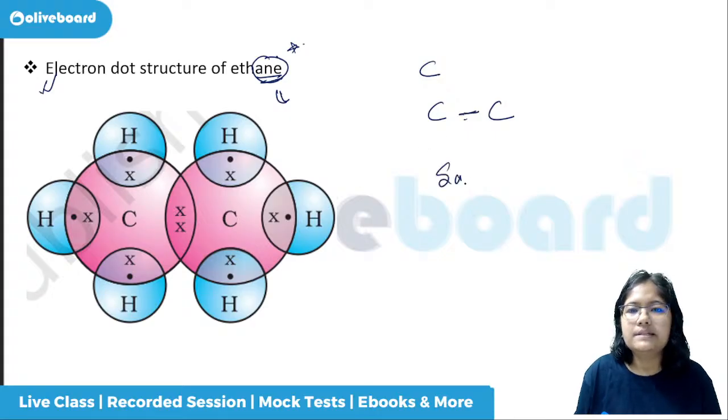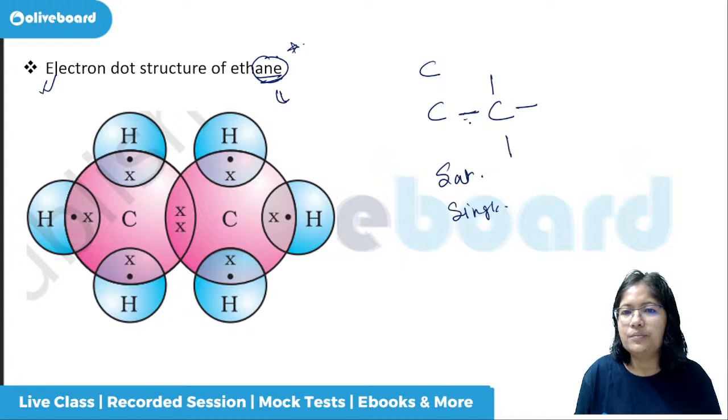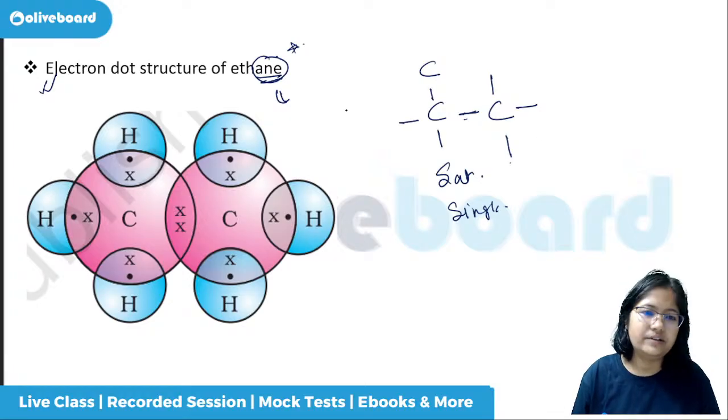That means it is saturated carbon, a single bond carbon, and it will operate like that. Now see, here 1, 2, 3 are left for becoming tetravalent. This one means catenation. Now there are 1, 2, 3 left for tetravalency, and here also 1, 2, 3 for the tetravalency.